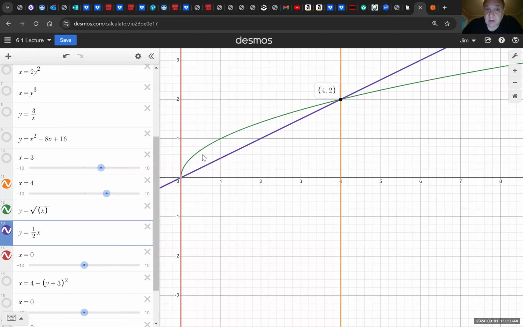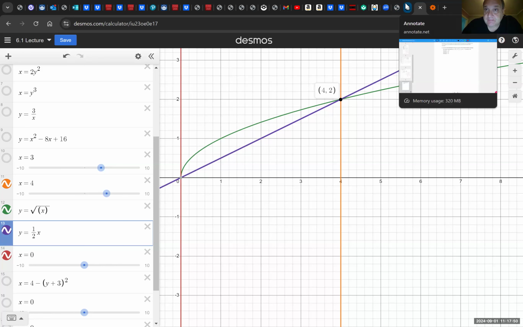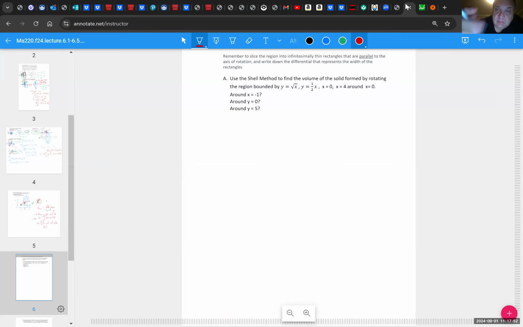Okay, so I'm going to draw this. It goes from 0, 0 to 4, 2. Just doing a little sketch here to show one's work. If you're using technology, no biggie, just show a little bit about what you got on technology.